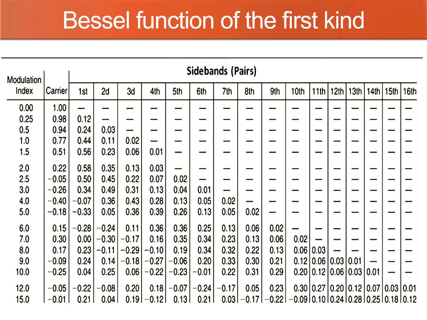As I mentioned, the modulation index will show how many sidebands for your FM. For example, if your modulation index is 0.5, your sidebands will be 2.